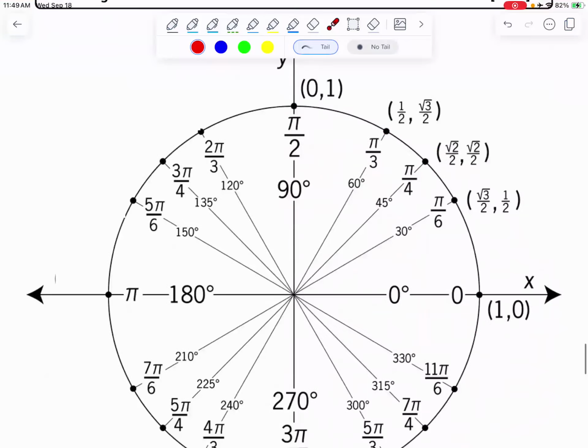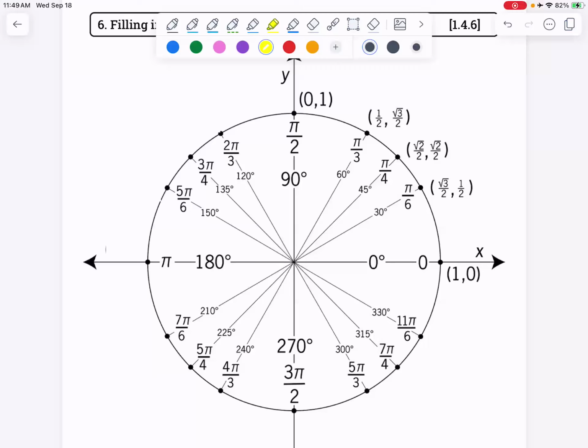But we have the rest of the unit circle that we can now fill out, and it's not bad. It really isn't. So here's the thing. We got this side right here, this 30-degree angle, and it has the coordinate point square root of 3 over 2 comma 1/2.